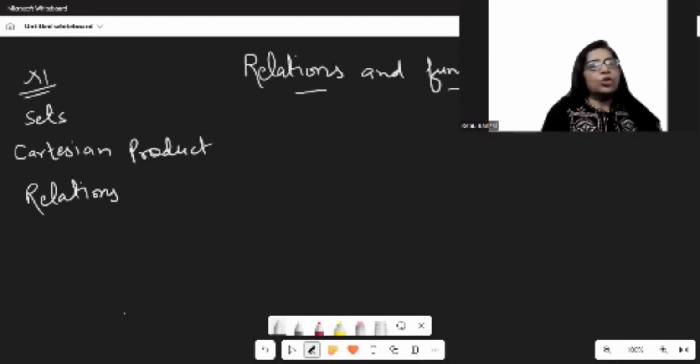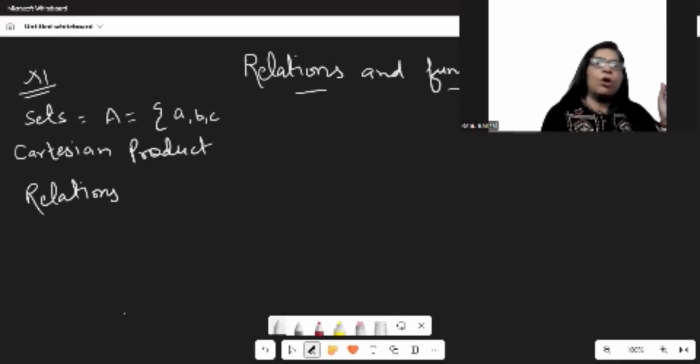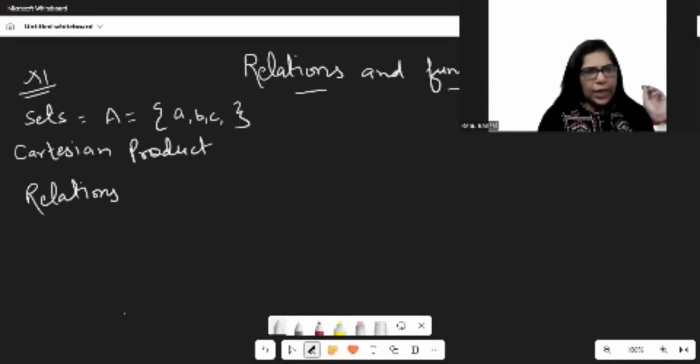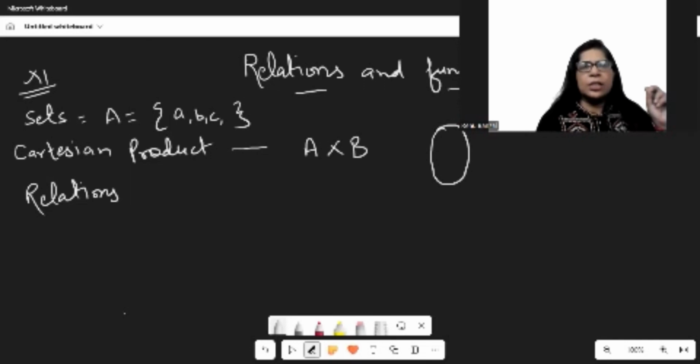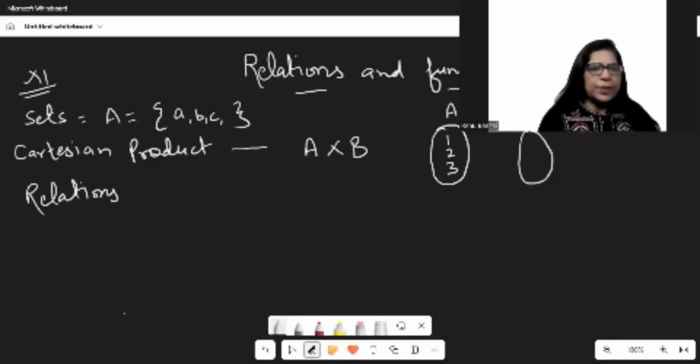So what was a set? Bacha, a set was a well-defined collection of some numbers or objects. Fine. And what was a Cartesian product? The Cartesian product of a non-empty set A with a non-empty set B: if this is my set A, 1, 2, 3, and this is my set B, to keep it smaller I'll write 4 and 5.